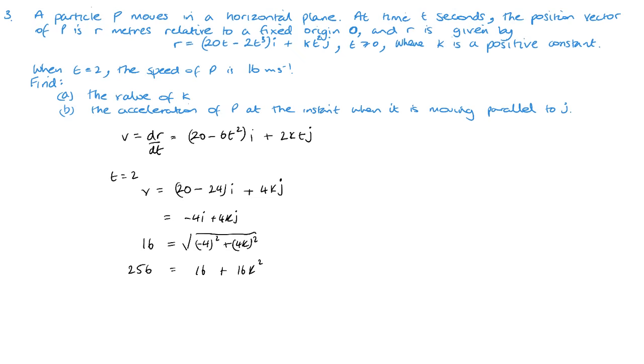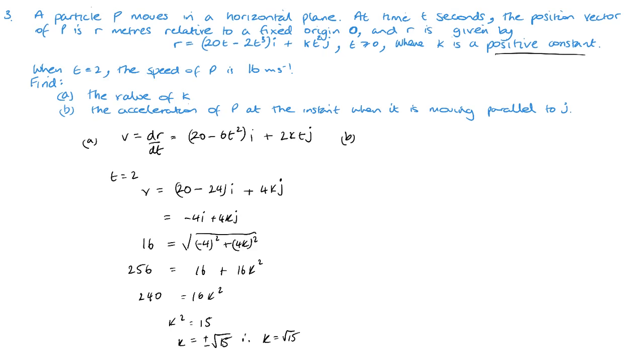So 256 minus 16 is 240, divided by 16, so k squared is 15, so k equals plus or minus the square root of 15. Now it says up here k is a positive constant, therefore k equals square root of 15, just the positive one. So that's my part A done.